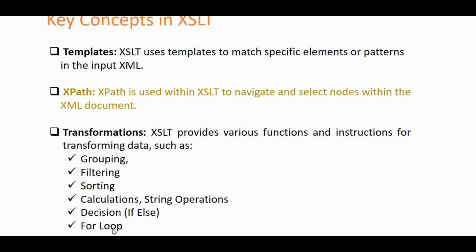Also, with a for loop, you can loop through the data in the source XML and process it and provide the output. So it's similar to a programming language in a style sheet format with XSLT syntax that reads the source XML and transforms it to an output XML of a different structure.